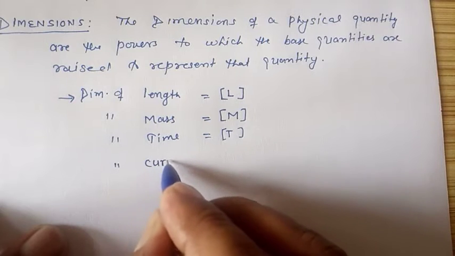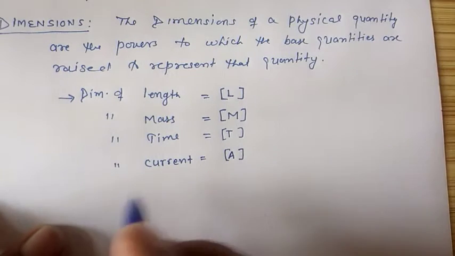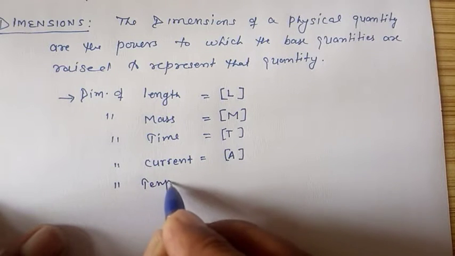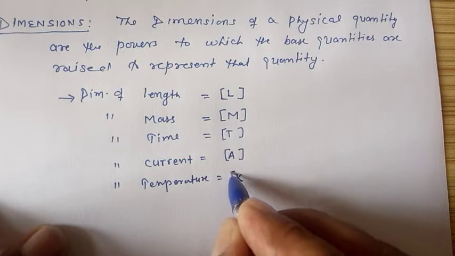Dimensions of current, A. Dimensions of temperature, K, that's for Kelvin.